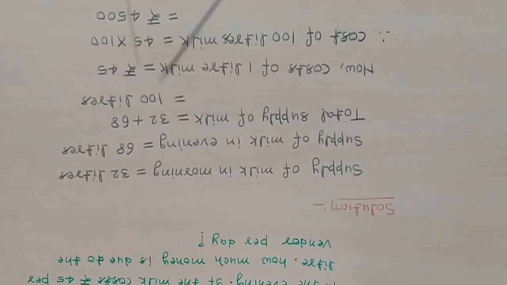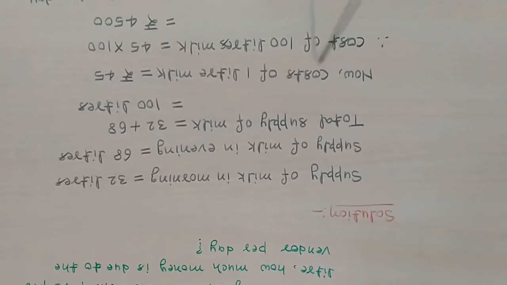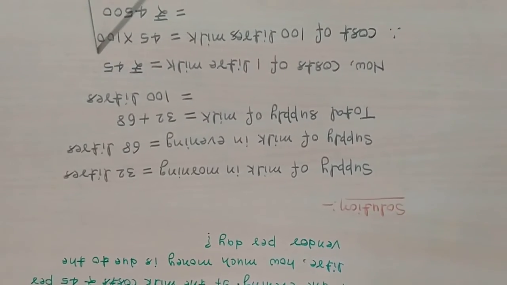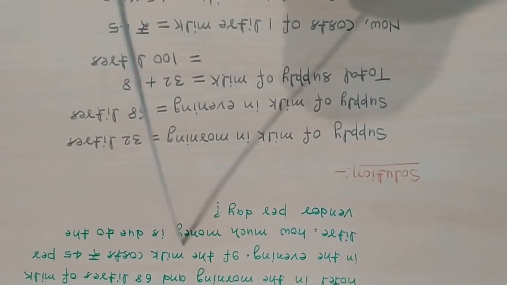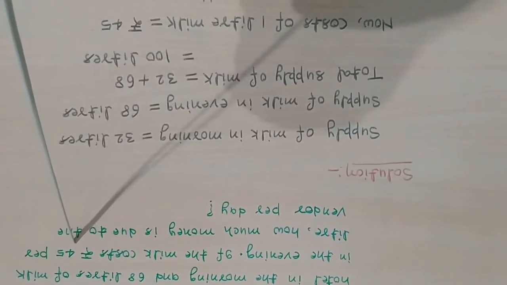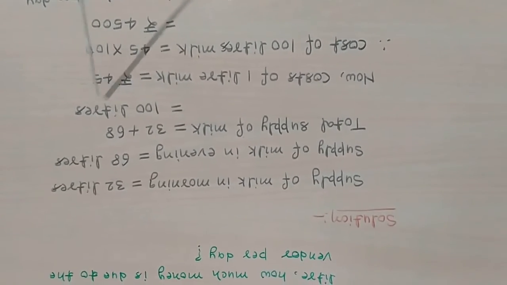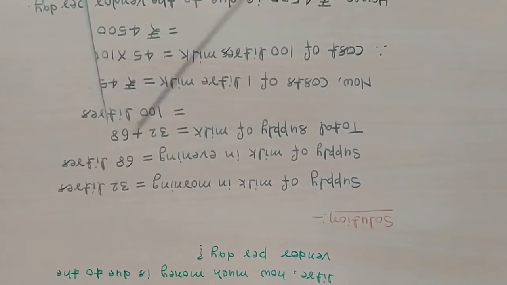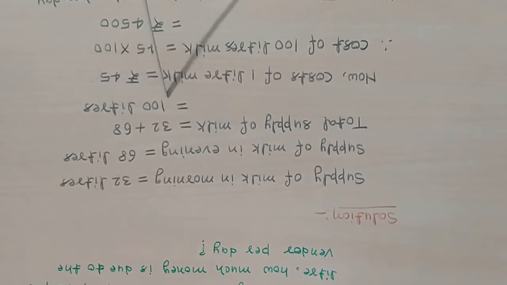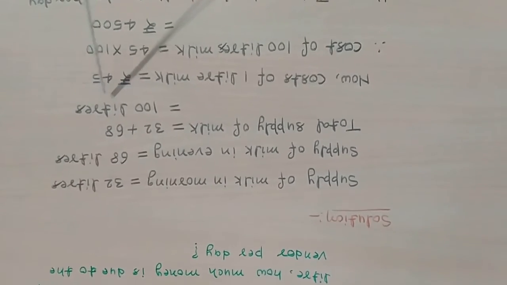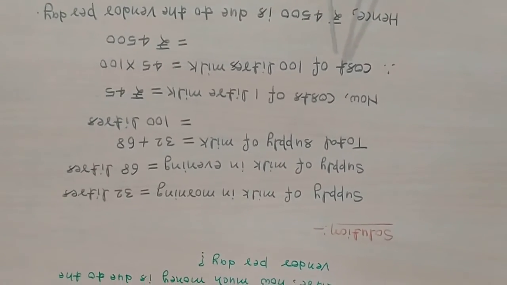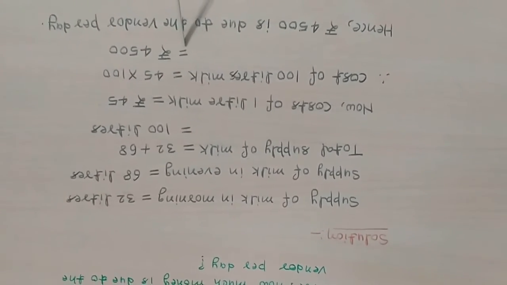Also here the cost of 1 liter of milk is given as rupees 45. Milk costs 45 rupees per liter. So how many liters do we have? 100 liters in one day. The vendor supplies 100 liters in one day. So we need to find the cost of 100 liters of milk.